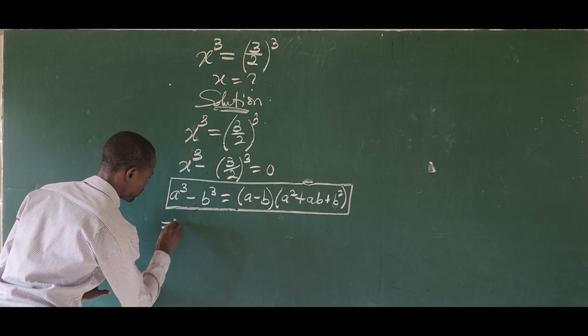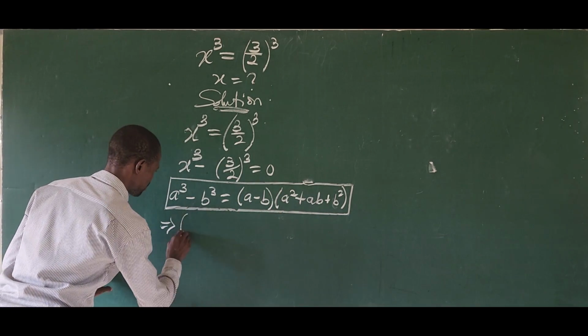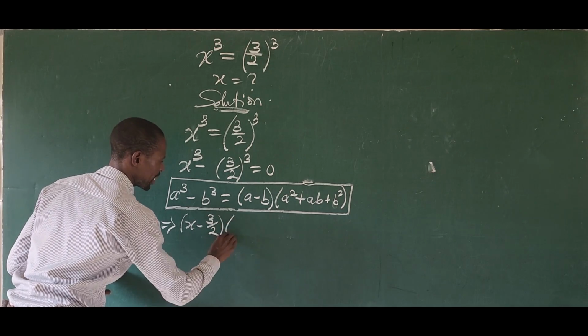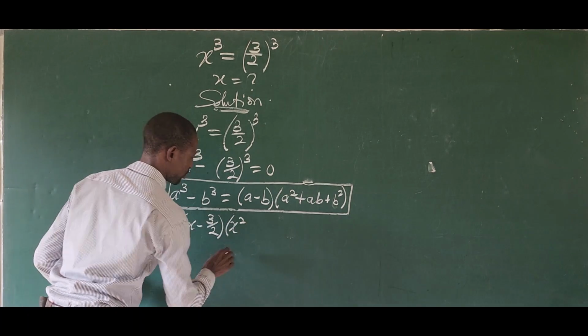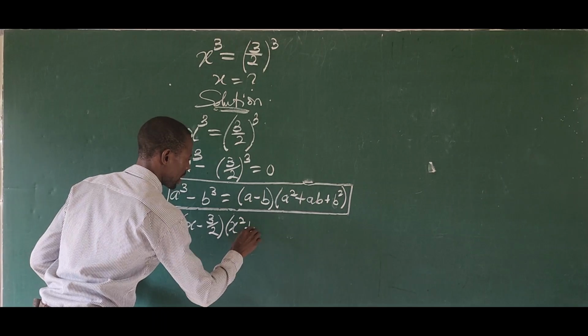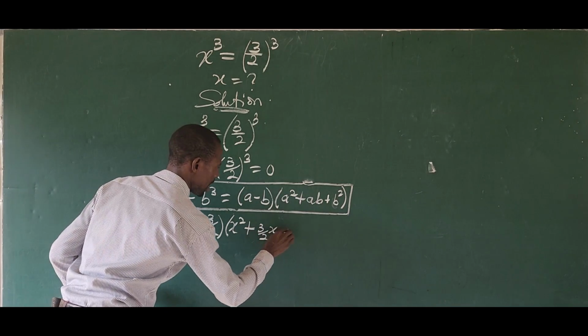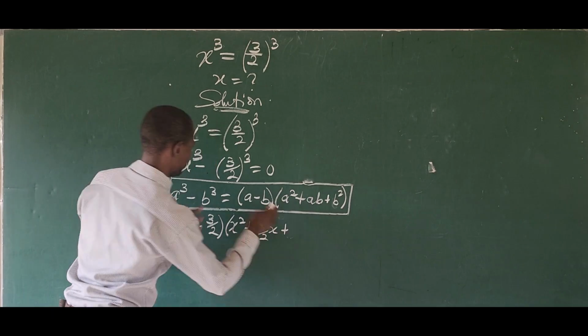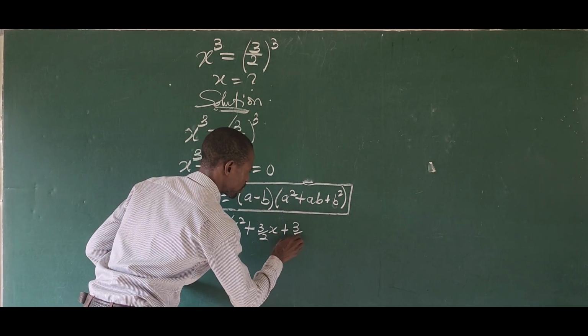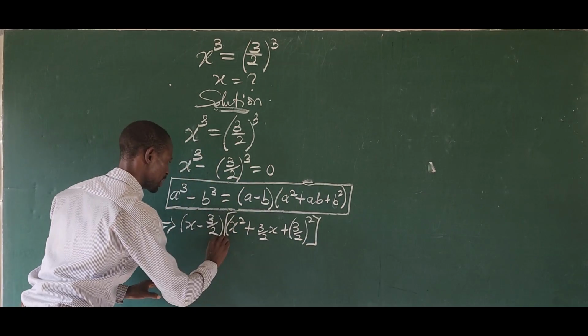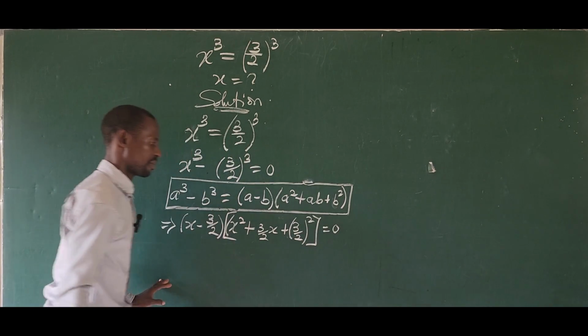Okay, so we want to express the whole of this expression in this format. And so this now implies that (x minus 3/2)[x to the power of 2 plus (3/2)x plus (3/2) all raised to the power of 2], everything equals 0.